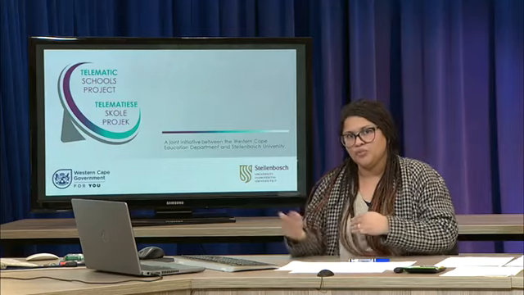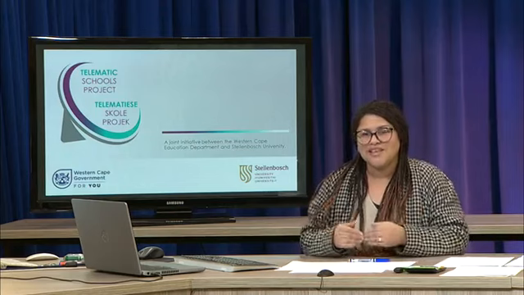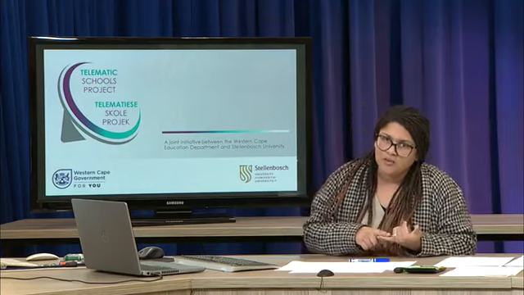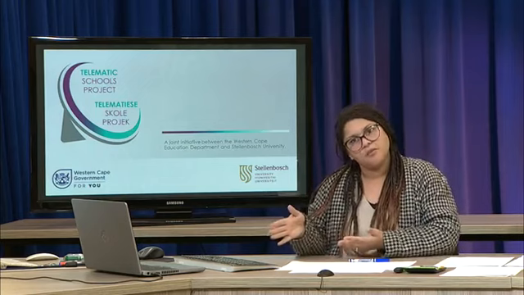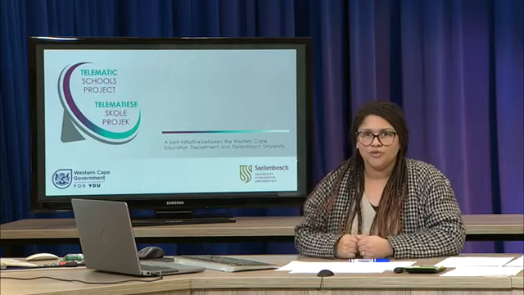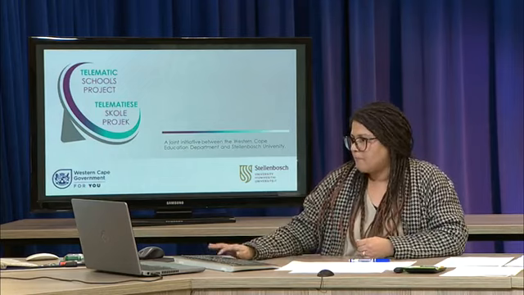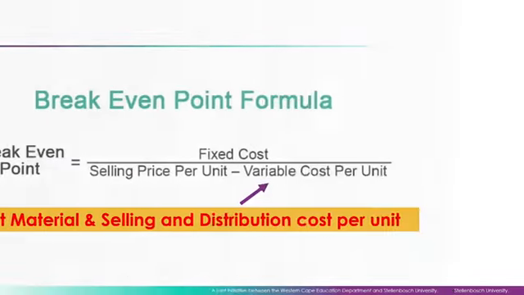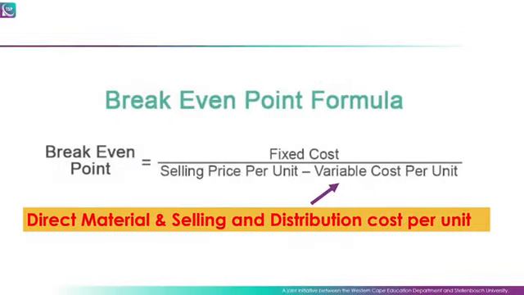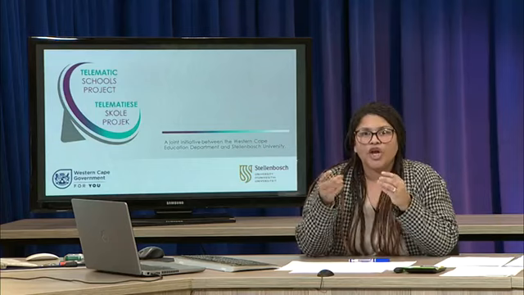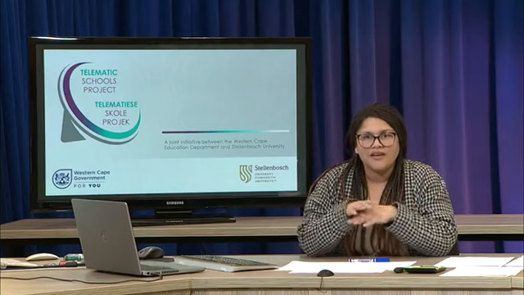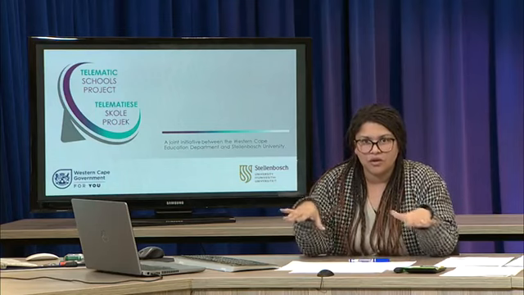So where you see contribution cost on your formula sheet, they're essentially saying selling price per unit minus variable cost per unit. So we want to know how many items we need to make in order to ensure that we cover all our fixed costs.